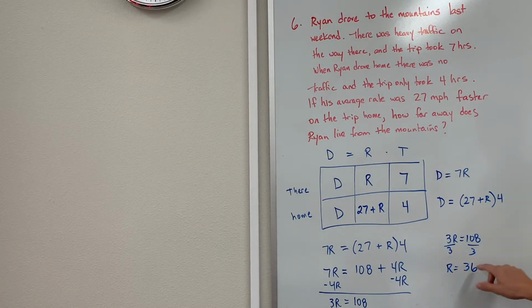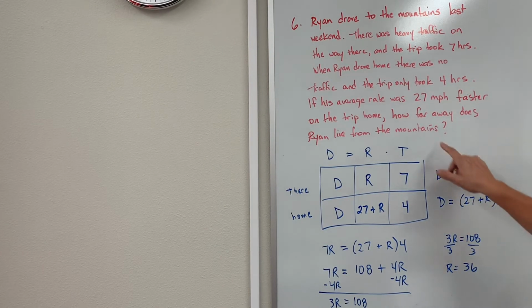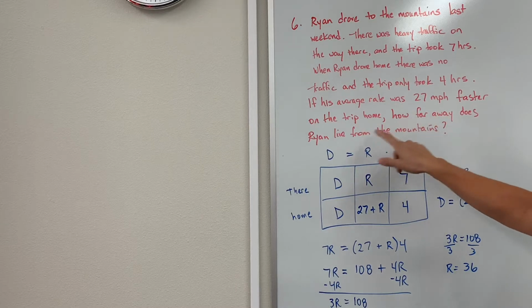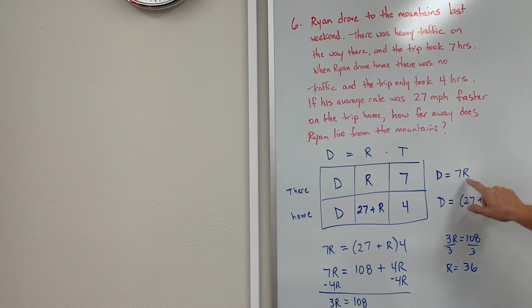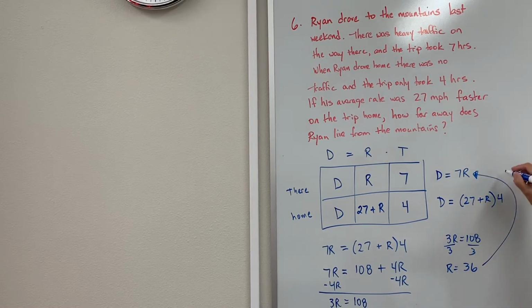No, I found the rate, but they want the distance, right? How far away does Ryan live from the mountains? But if I know the rate is 36, and I knew that distance was 7 times the rate, then I can plug it back in here. So I get distance is 7 times 36, which is 252.